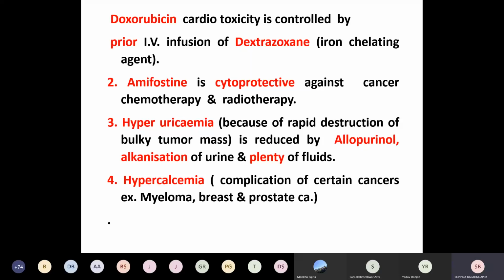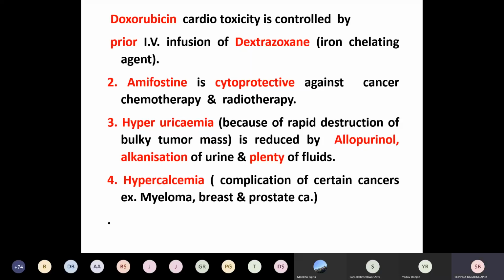So, cytoprotective: you can protect the normal cells. How? By giving amifostine. It will protect the cells against the cancer chemotherapy and radiotherapy.